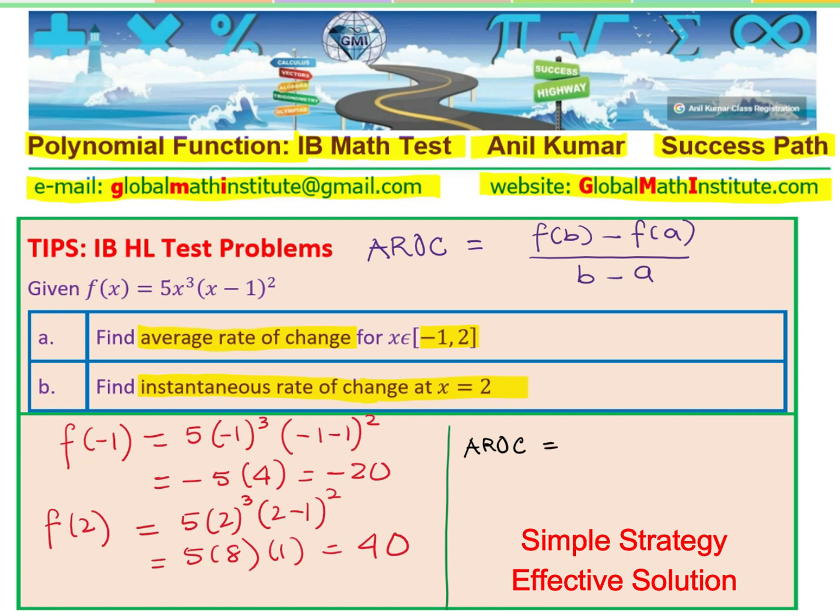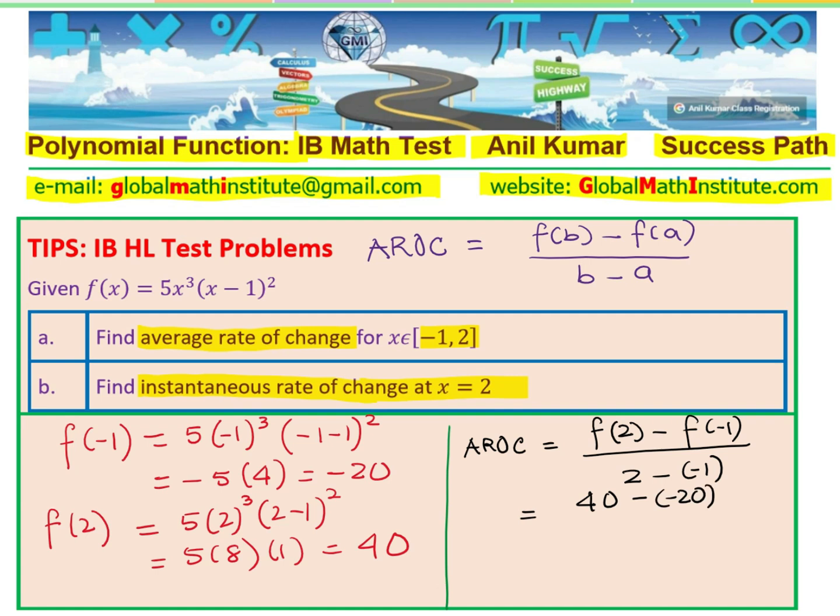And that between the two given points will be f of 2 minus f of -1 divided by 2 minus -1. So we have 40 minus (-20) over 2 plus 1, which is 3.